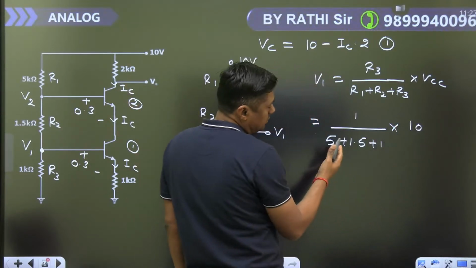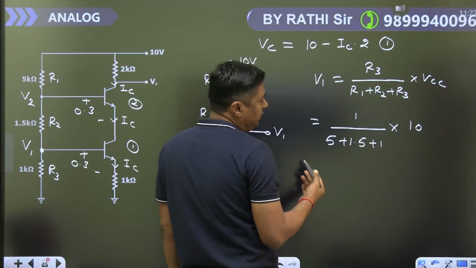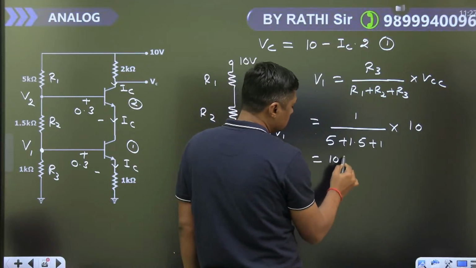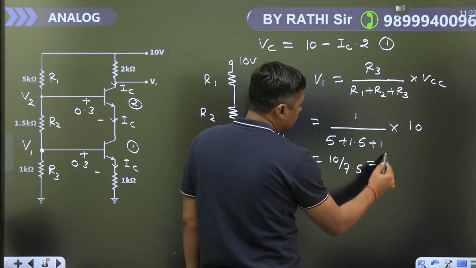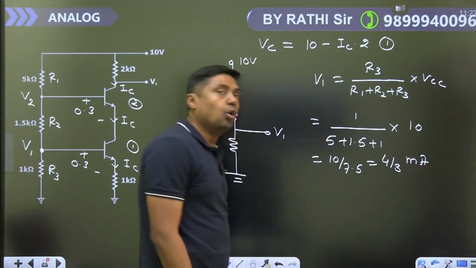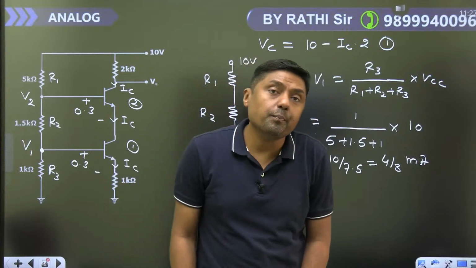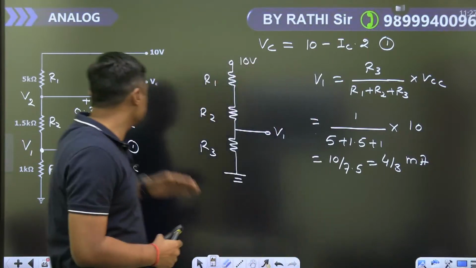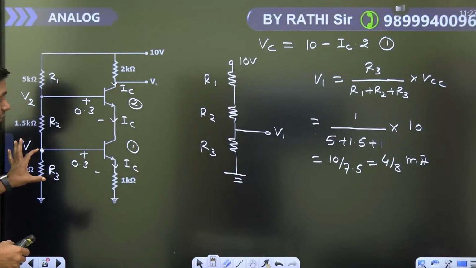That will become 10 divided by 7.5, 4 by 3. That is the voltage at this point.